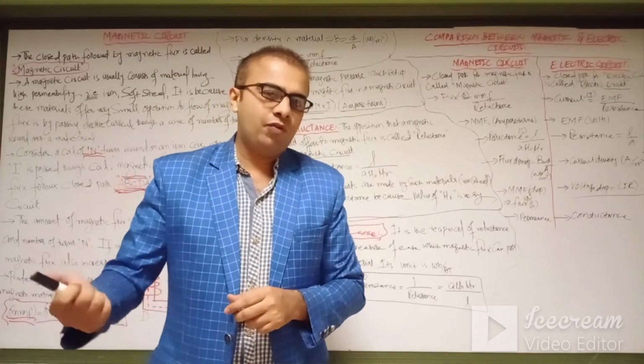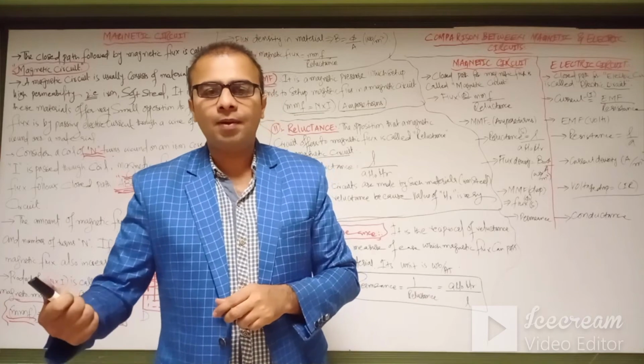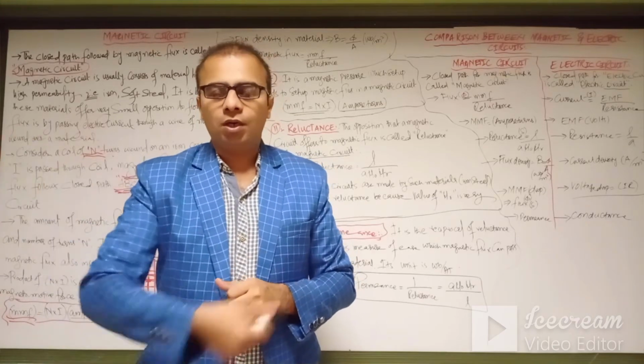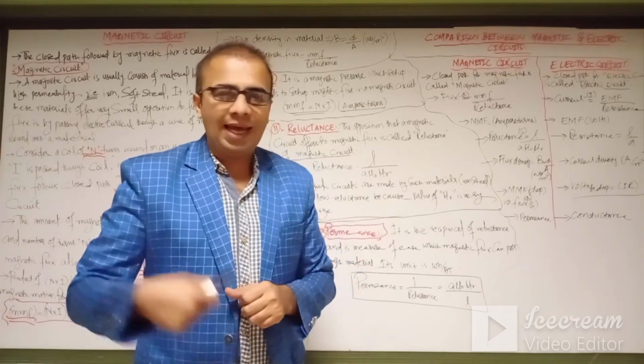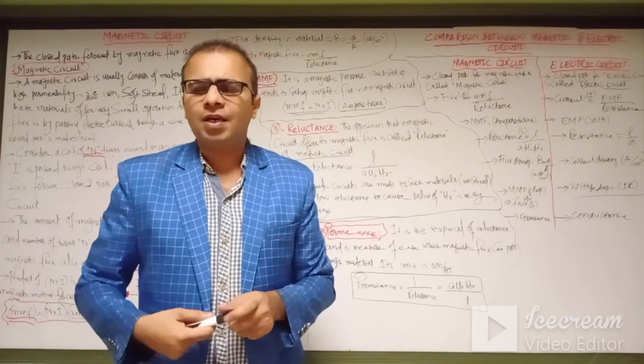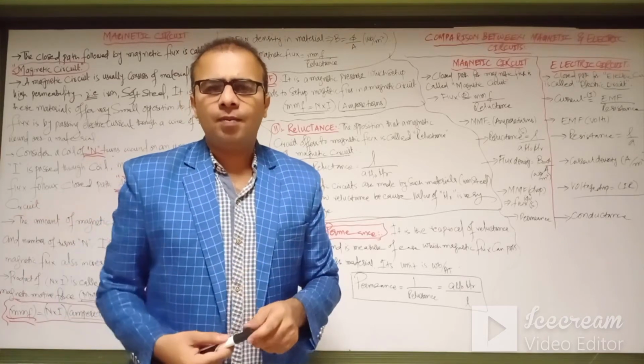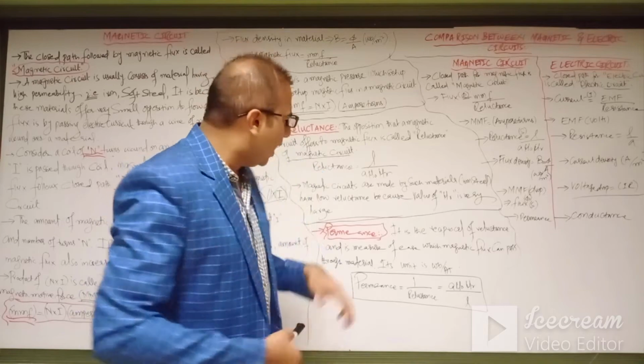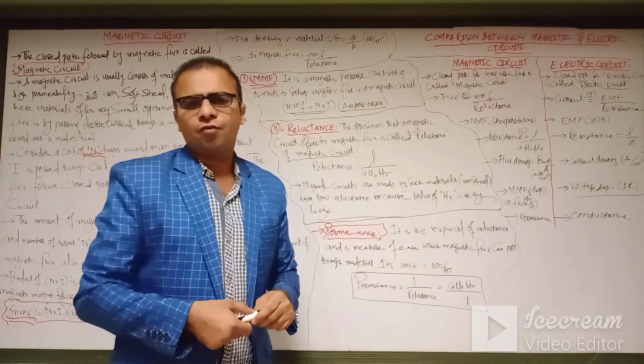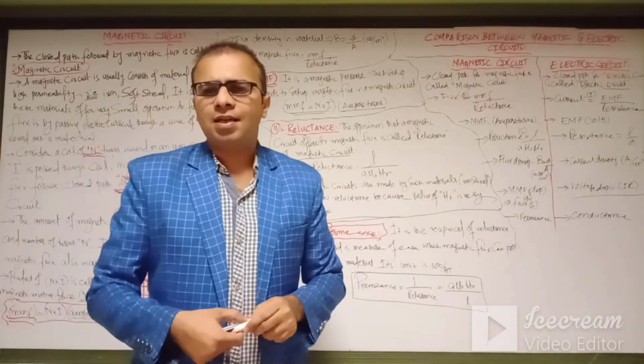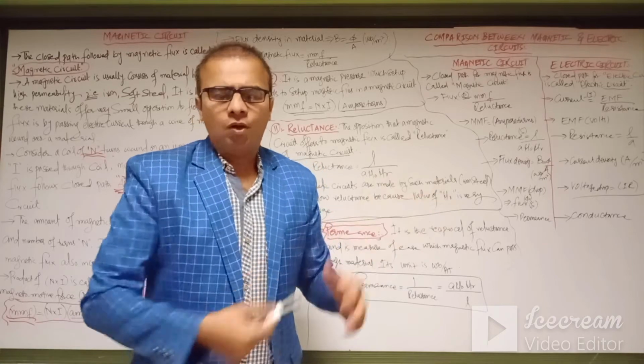Soft steel has a different relative permeability, and iron and different ferromagnetic materials have different relative permeability values. The permeability of free space is 4 pi into 10 to the power minus 7 Henry per meter, which is a constant value.